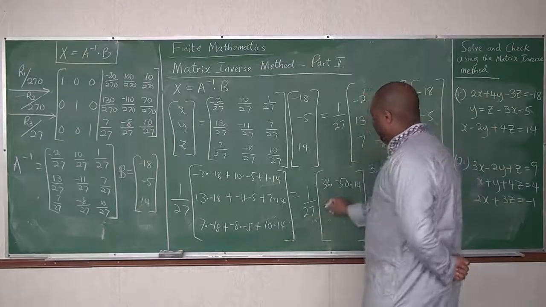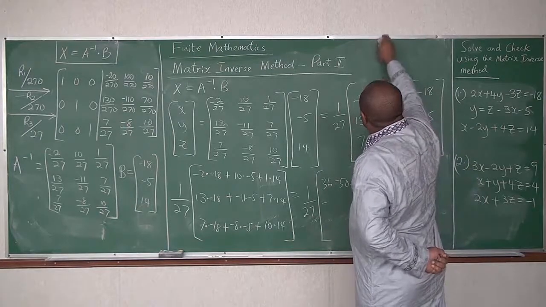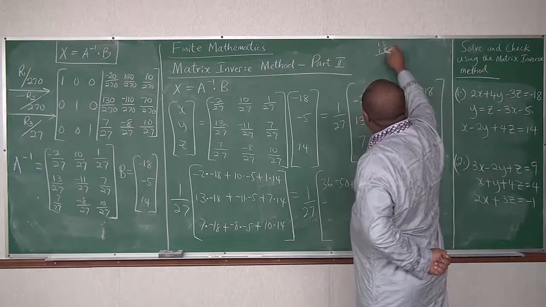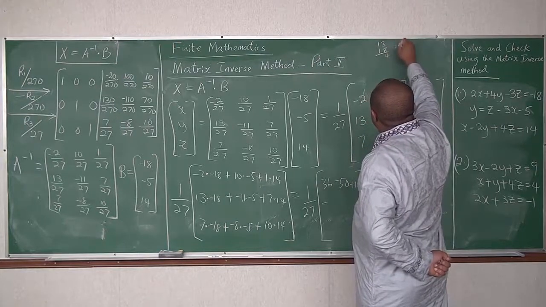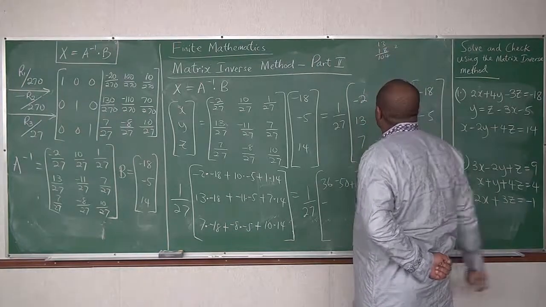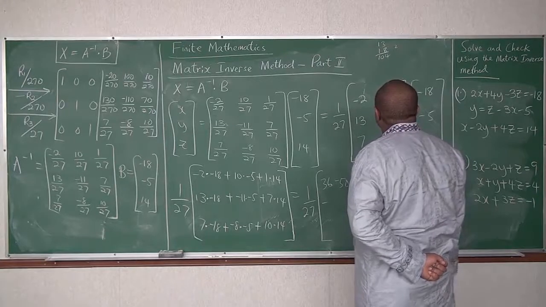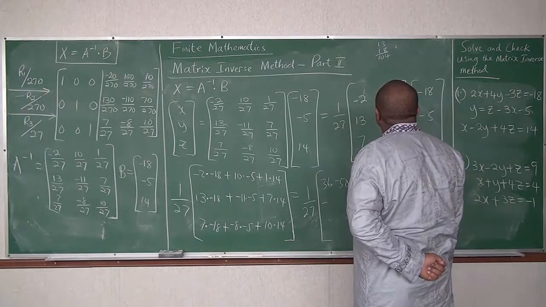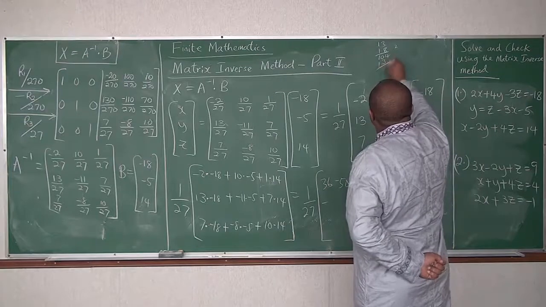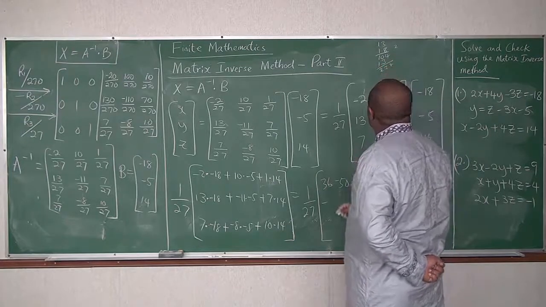Then 13 times 18: 8 times 3 is 24, carry 2, 10, and 13 times 18 is 234.